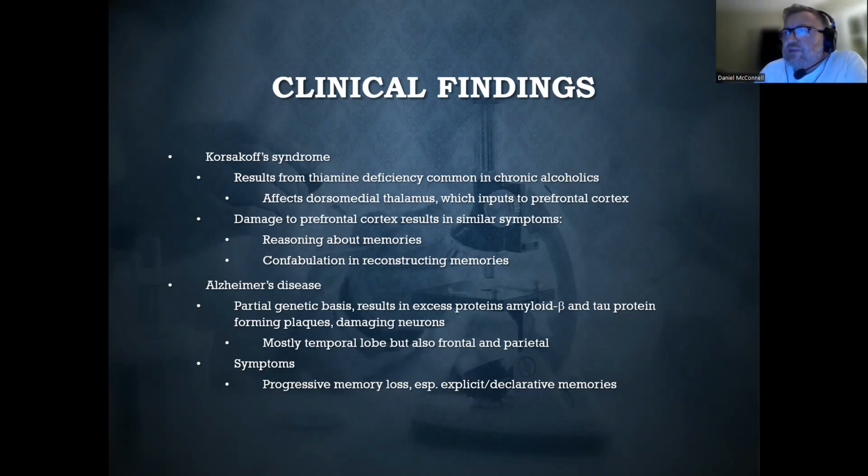But what happens for people with chronic alcoholism is they can end up with a thiamine deficiency. And of all of the many things that this does to the brain, it can particularly lead to an atrophy of a nucleus in the thalamus called the dorsomedial thalamus. This is a pathway that relays sensory information from the various lobes to the prefrontal cortex.